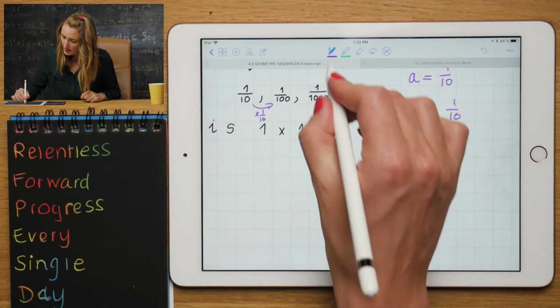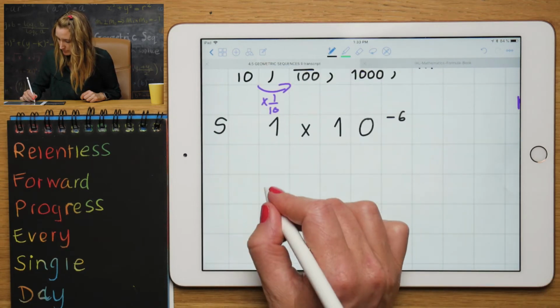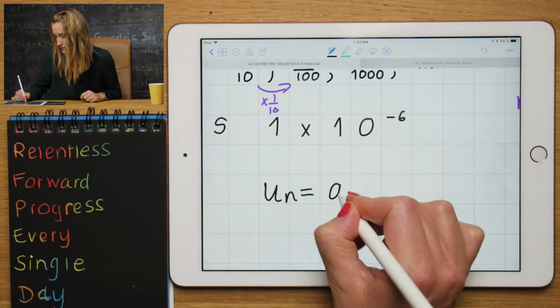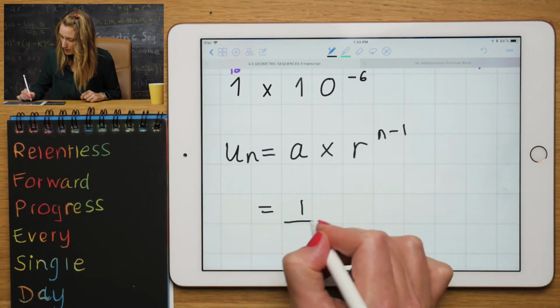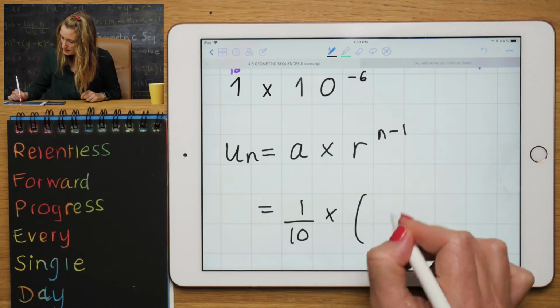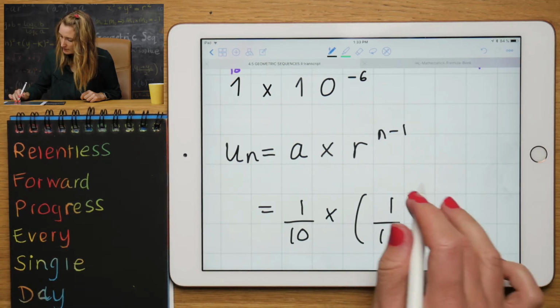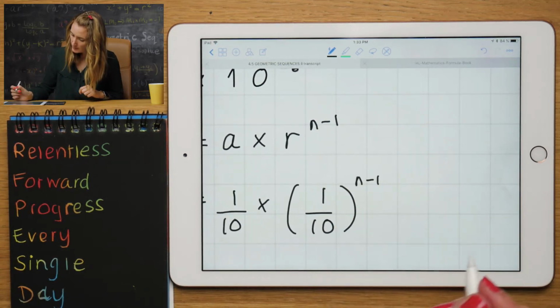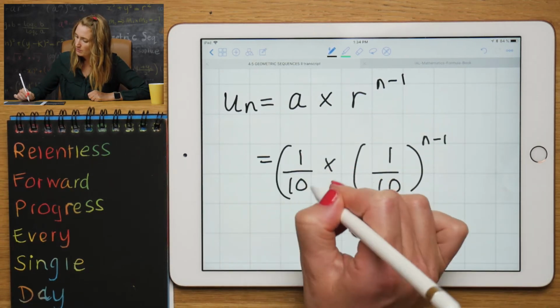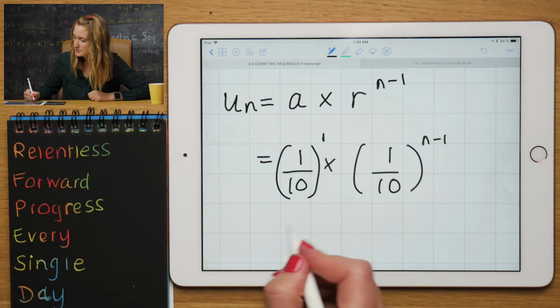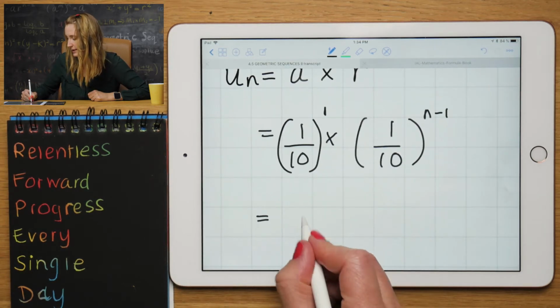So let's write down un. Un is equal to a times r to the n minus 1. 1 over 10 times 1 over 10 to the n minus 1. Now, we can simplify this because the bases are matching. Remember, this is the same as 1 over 10 to the power of 1. So we can add those.